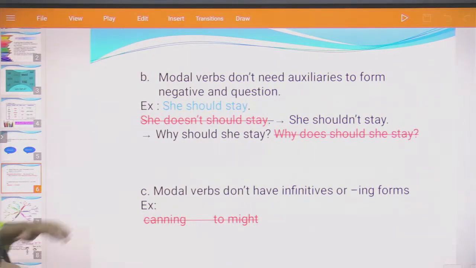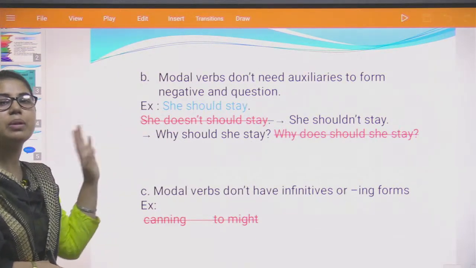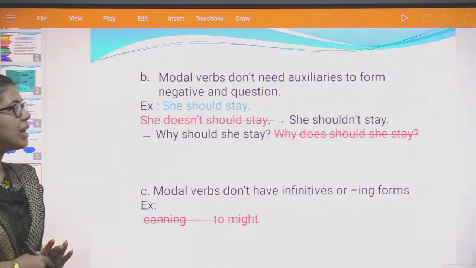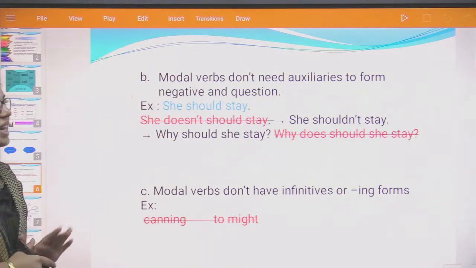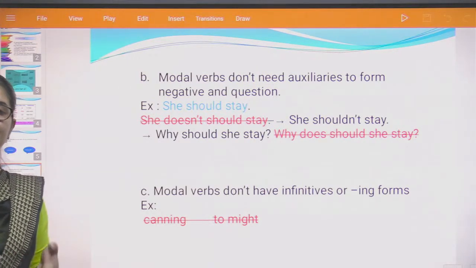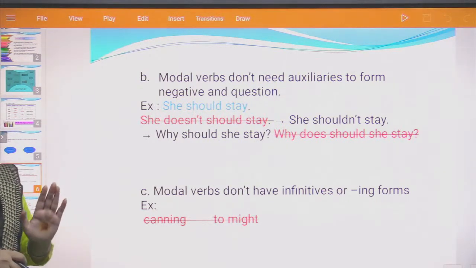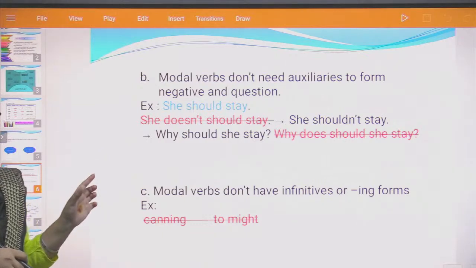I will not write "she doesn't should stay," student, because that will be an incorrect sentence. We don't need auxiliaries to form negative and question based sentences, because these modal verbs are themselves auxiliary verbs, so we don't require any other auxiliary verb in that sentence.